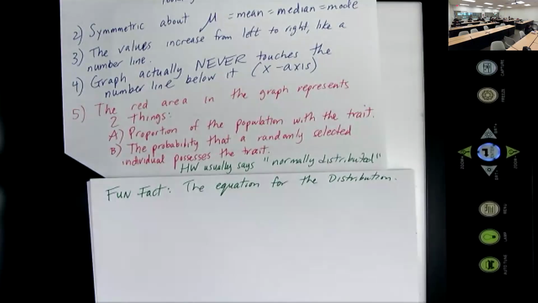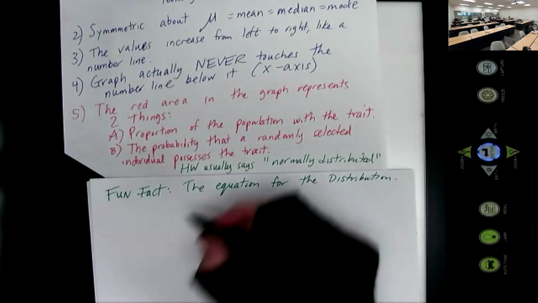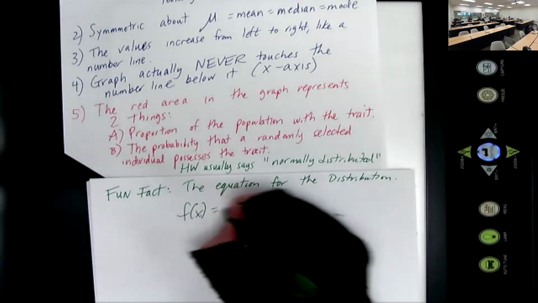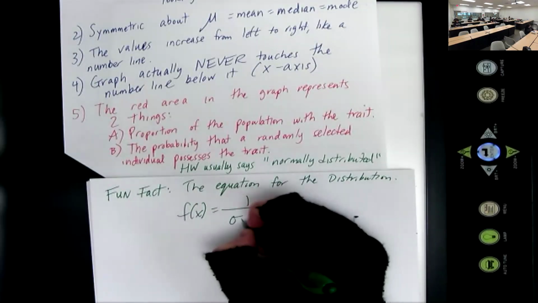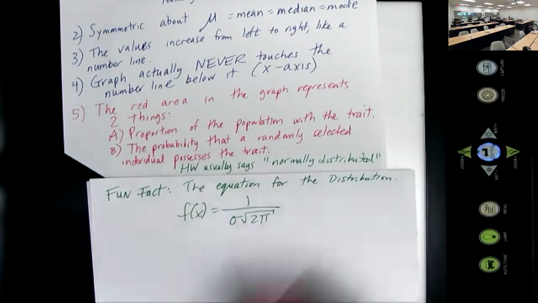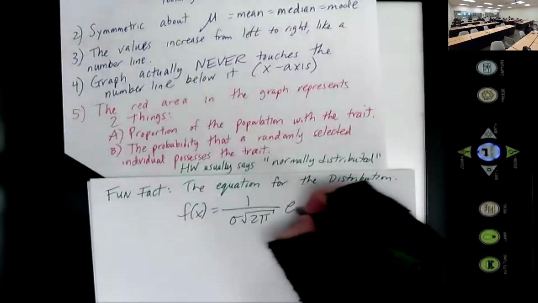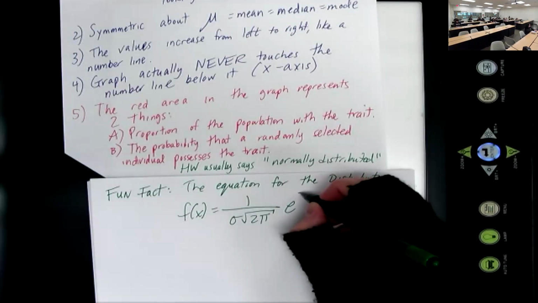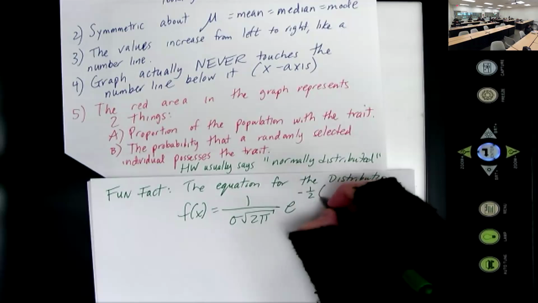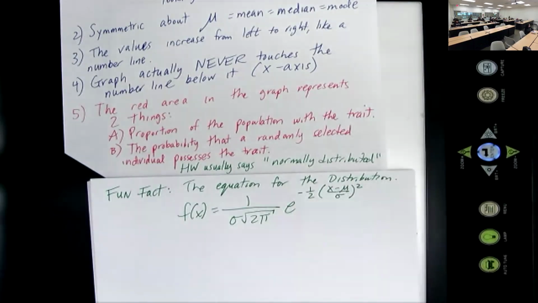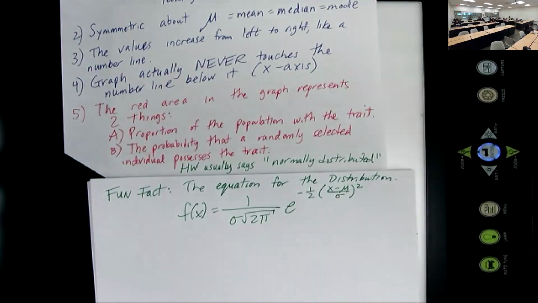That's not better. What am I saying? That is nowhere near better. So it's 1 over the standard deviation times the square root of 2 pi. And then it's the exponential function raised to the -1/2 times x minus mu over sigma, squared. This is what you get out of working with it by taking an intro to stats course.